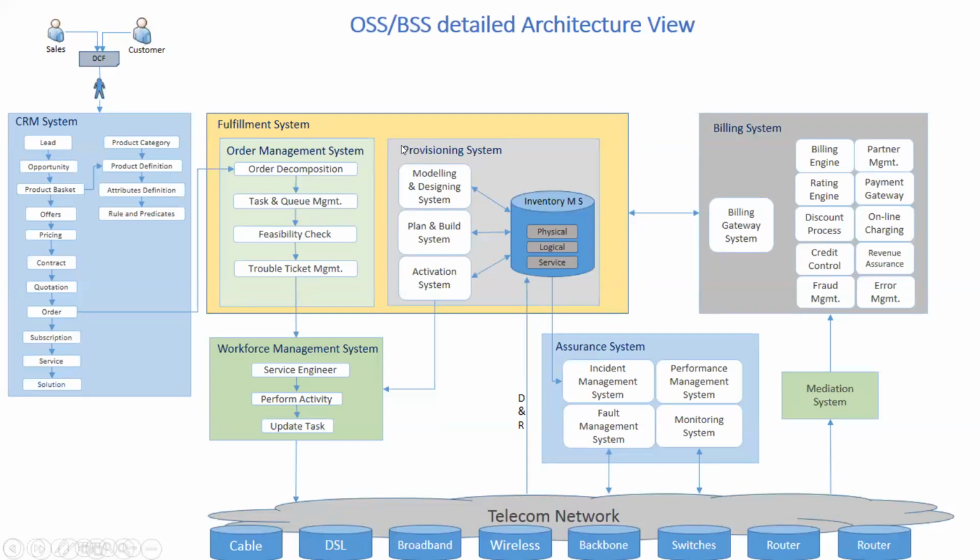Once the order is activated, the status is updated again, and based on that the services, solution, and subscription related to that order are provided to the customer. Then billing starts based on the record and all billing happens. If any kind of problem comes in future, then our assurance system comes into the picture, to keep IT operations and maintenance for the systems.